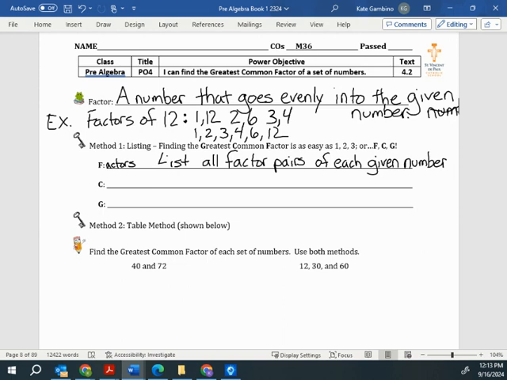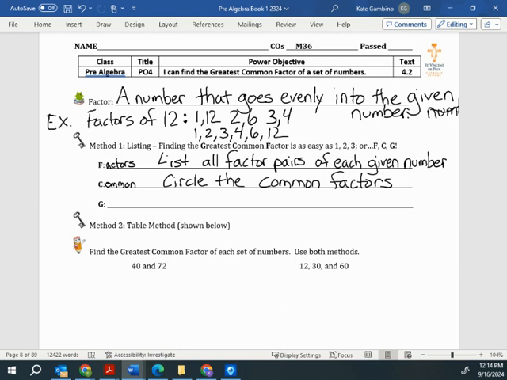Then C is for common. We're going to circle the common factors. So the first thing you do is you write out all the factors, then you circle any factors that they have in common.